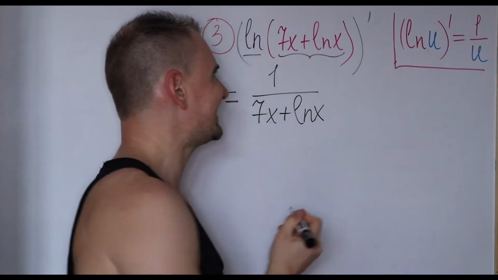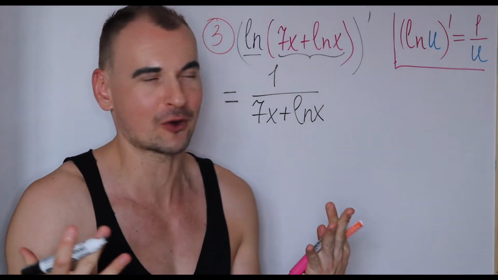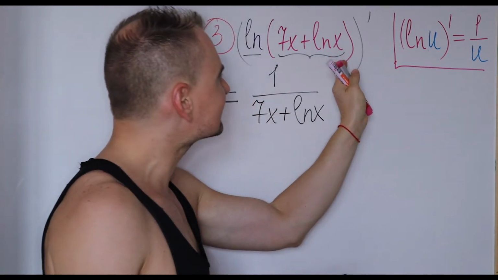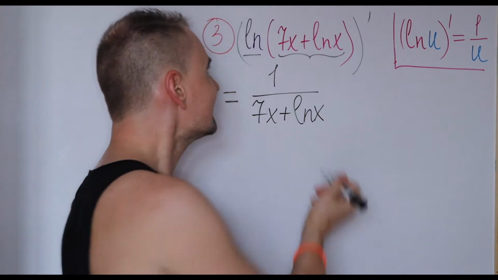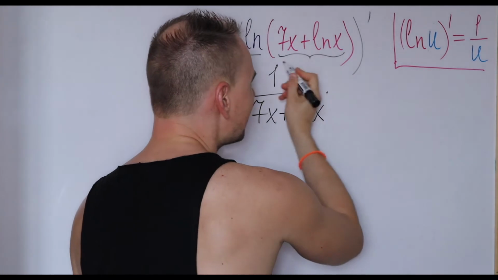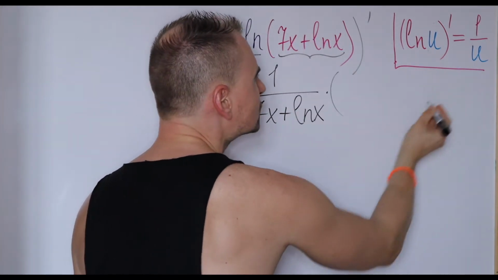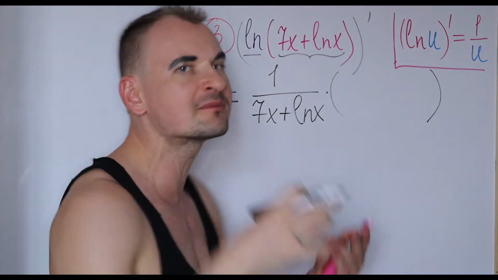And we are not done yet, since again, I do sound like a broken record. Since you have this inside function, you have to take care of the derivative of this inside function. So it's 7x plus ln x, and this term gets multiplied by the derivative of this. I'm going to put the parentheses, since you have 2 chunks, 2 terms inside.